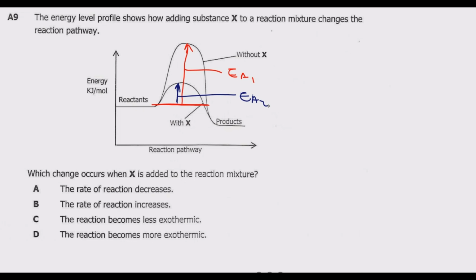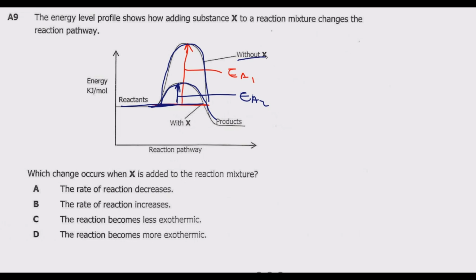So now what are we observing here? If you notice, the reactants have got this level of energy. But the products have got lower energy than the reactants, meaning the reactants have got more energy than the products.